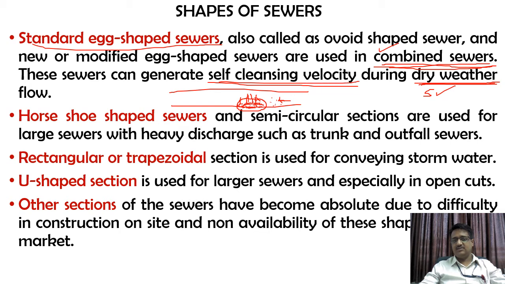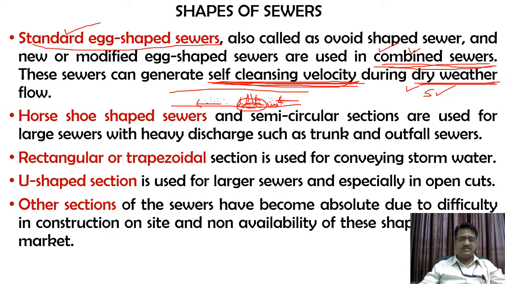Self-cleaning velocity is the minimum velocity that needs to be maintained inside a sewer pipeline so that the settlement of suspended particles can be avoided. That's why egg-shaped sewers are much more preferable in certain conditions, that is, combined sewers in dry flow, where the self-cleaning velocity can be maintained.